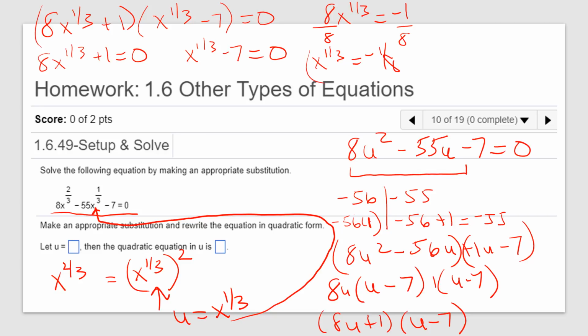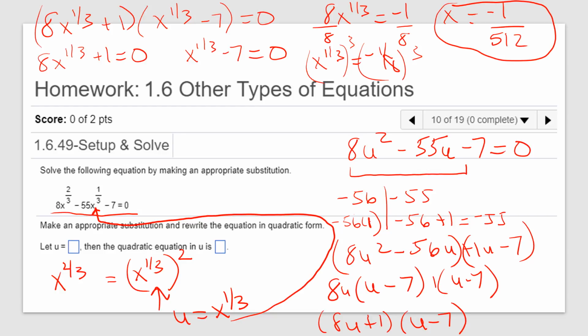I'm going to cube this side, and I'm going to cube this side. So x equals negative 1 times negative 1 times negative 1, which is negative 1, over 8 to the 3rd power: 8 times 8 is 64, and 64 times 8 is 512. So one answer is negative 1 over 512.